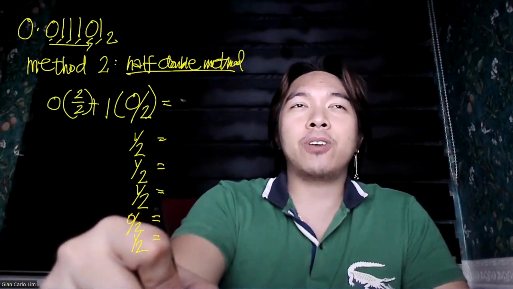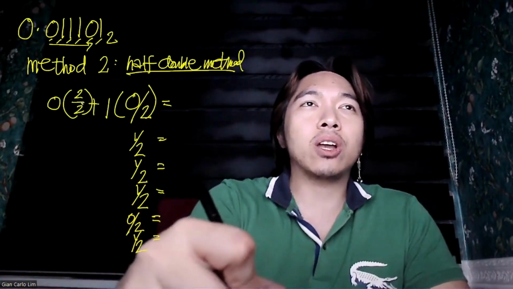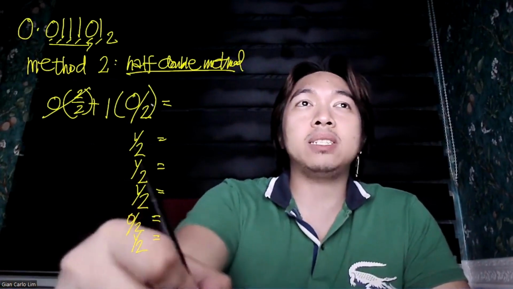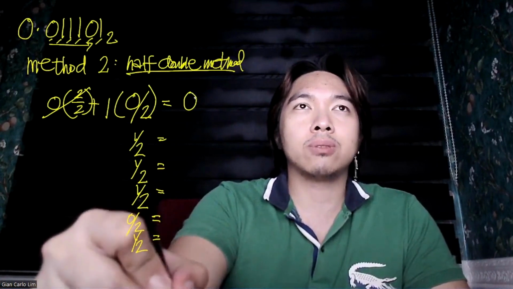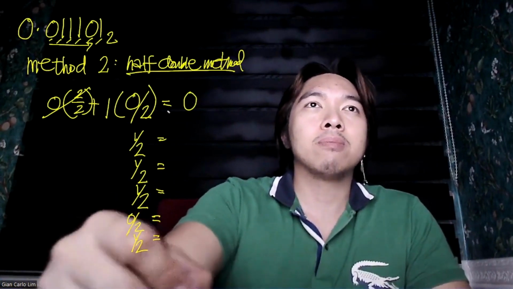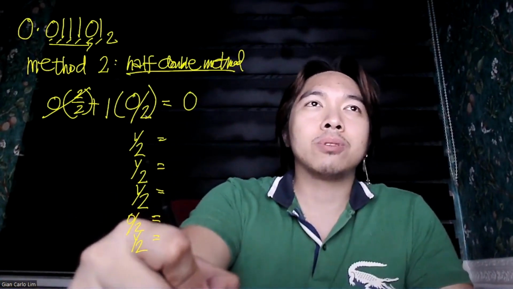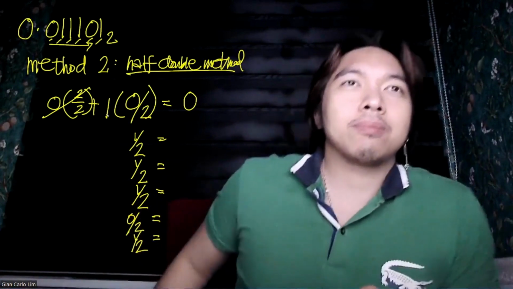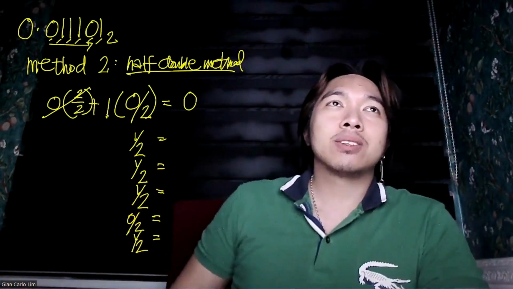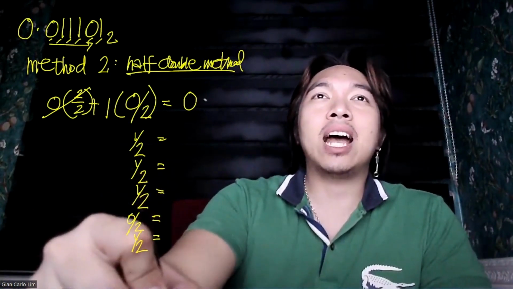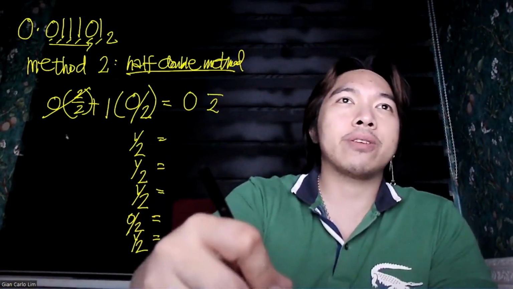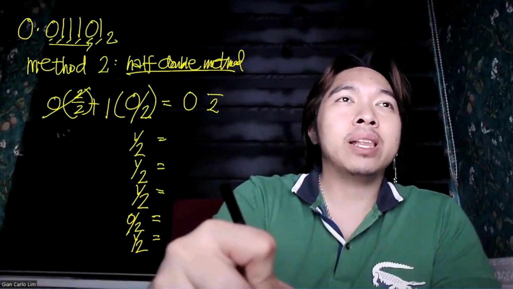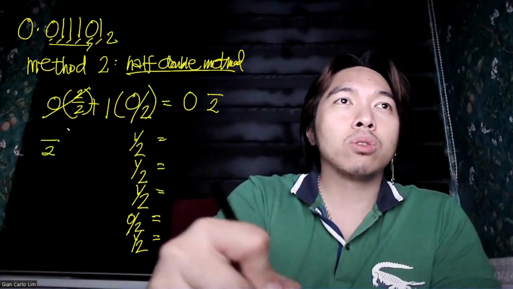Okay, so let's first solve this. So 0 times 2/2, so that would be 0. 1 times 0/2, so that's still 0. Pero kailangan mo yung 1/2. Okay. So next. So since 0 yan, and then kailangan mo yung over 2, so we'll have here 2.